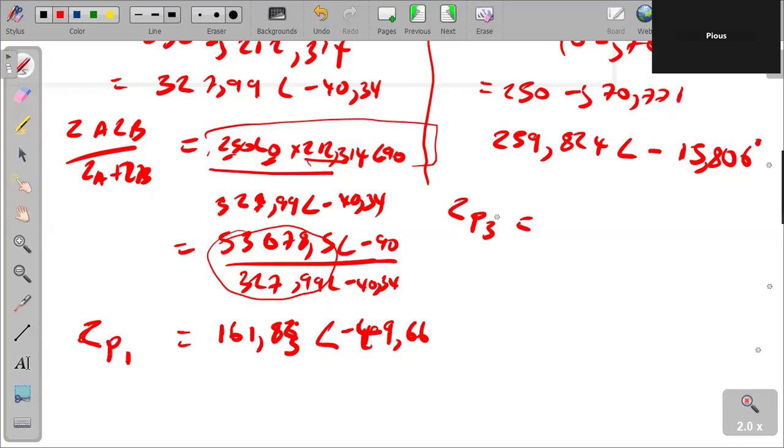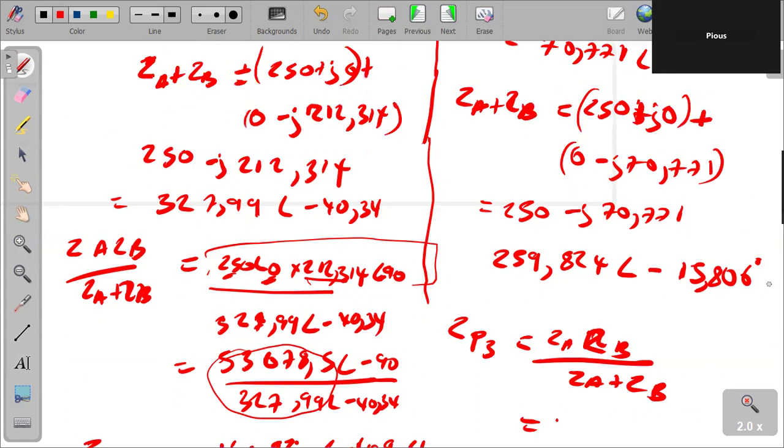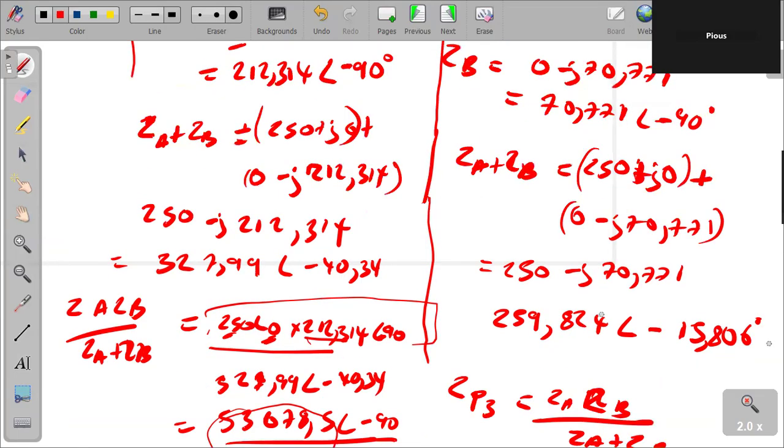So in calculating ZP3, that's ZA ZB over ZA plus ZB. That's 250 angle of 0 multiplied by 70.771 angle of negative 90.